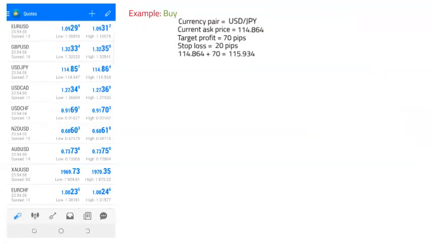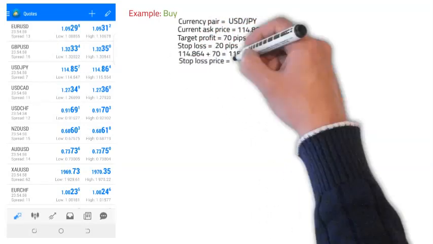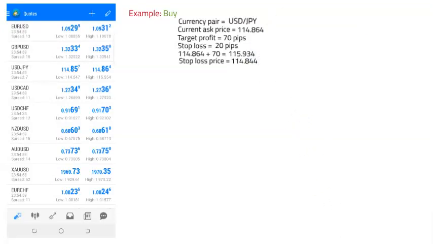That is after adding 70 pips to the current price, and my stop loss will be at 114.844 after subtracting 20 pips from the current price. I'll now type in both into the take profit and stop loss respectively.